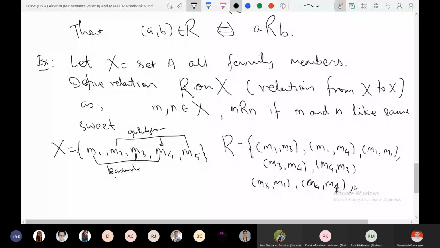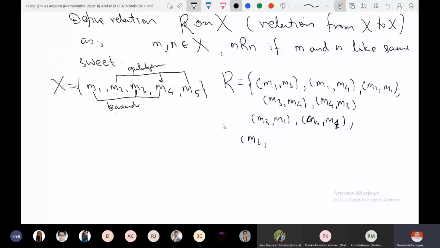Now (M2, M1) is not in the relation R because M2 and M1 do not like the same sweet. But (M2, M4) and (M4, M2) are there because M2 and M4 like the same sweet. Also (M2, M2). Now M2 and M5 also like the same sweet, and therefore (M2, M5) and (M5, M2).